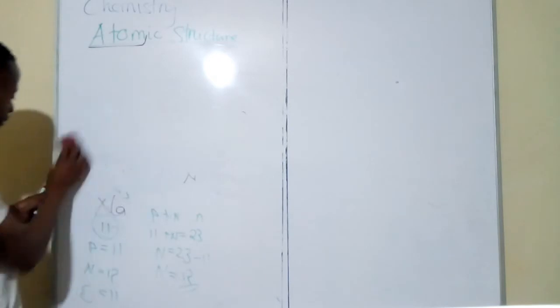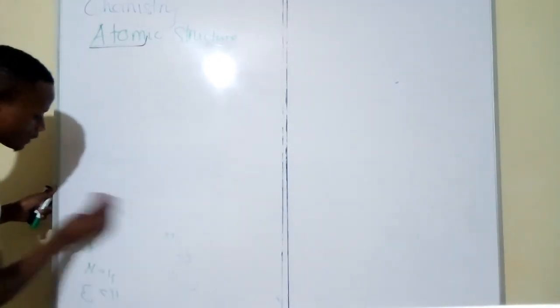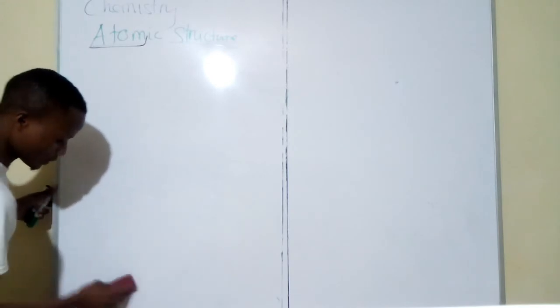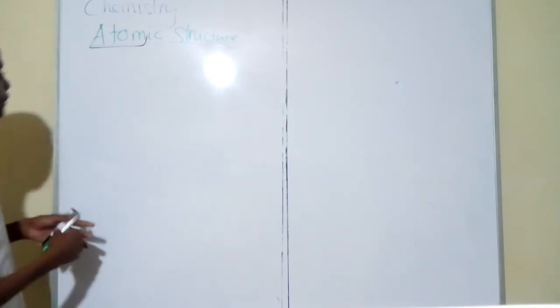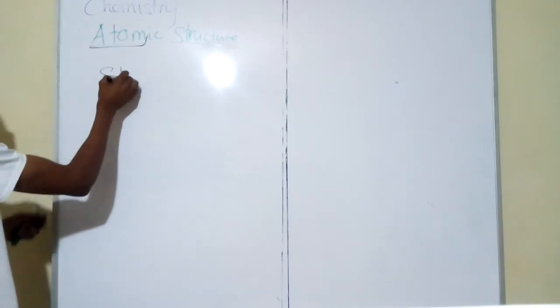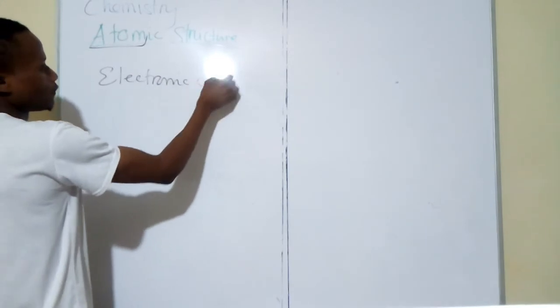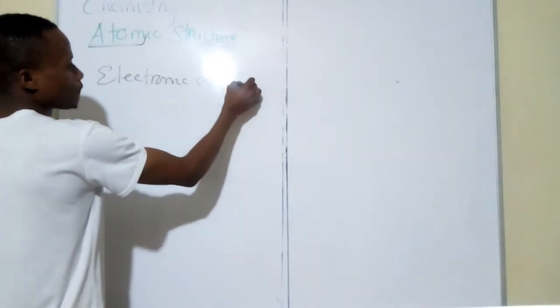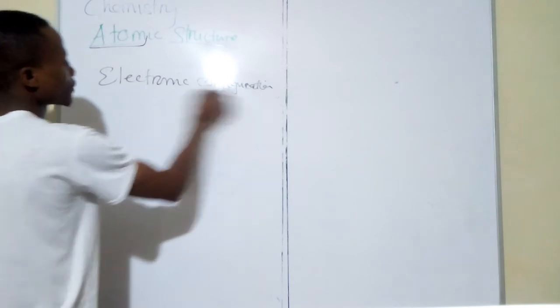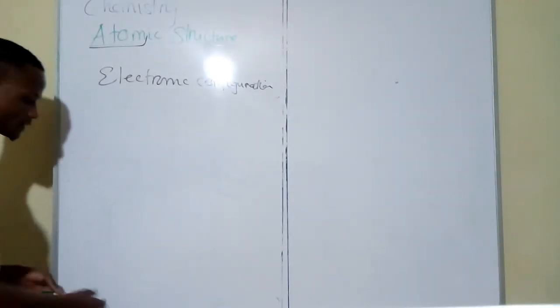Now the same atomic structure can be written in the form of a configuration. So we have what is called the electronic configuration. What is the electronic configuration?